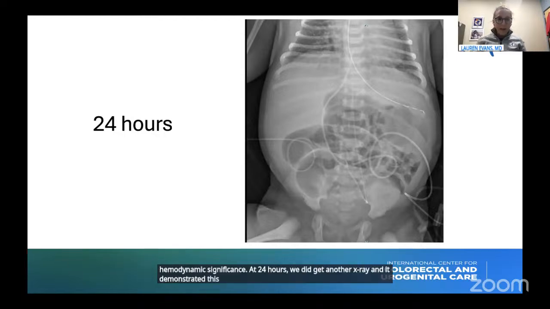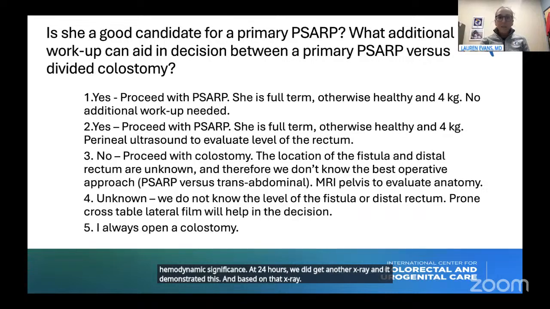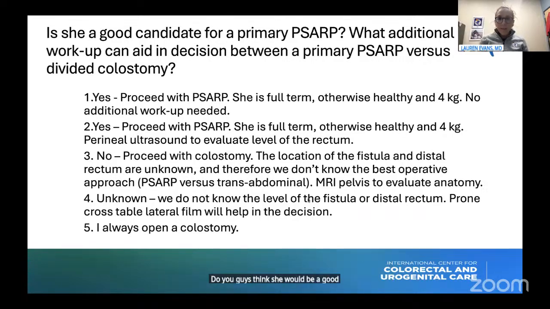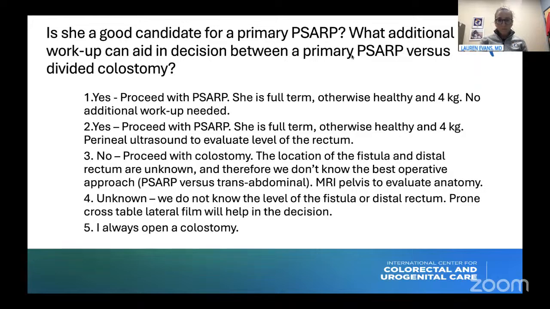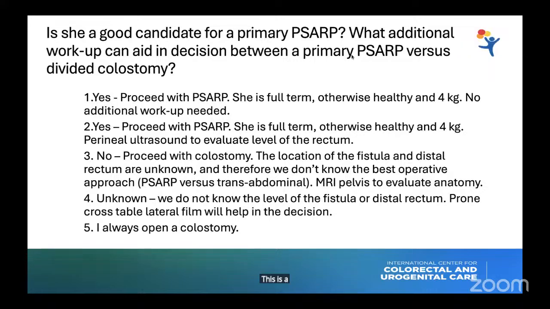And based on that x-ray, do you think she would be a good candidate for a primary PSARP? What additional workup could aid in deciding whether or not to do a primary pull-through or a divided colostomy? This is a long poll, so we'll give people a few seconds to answer.